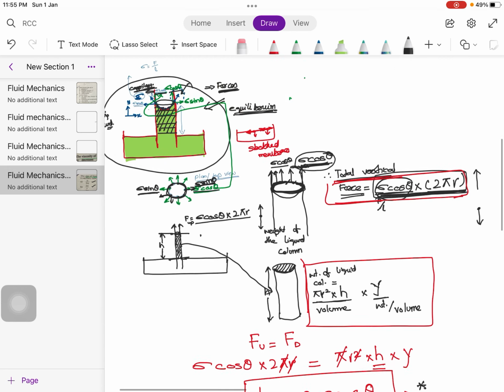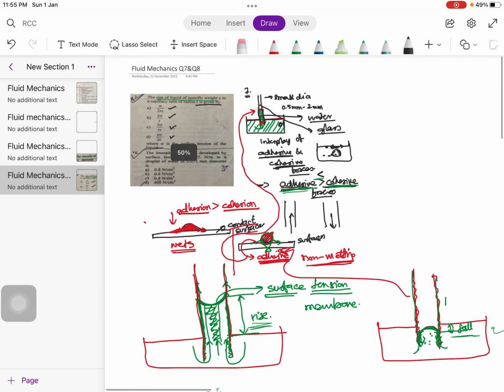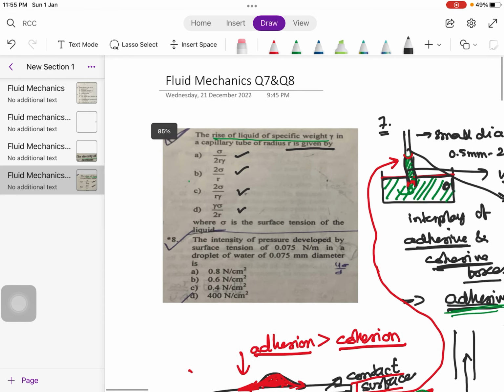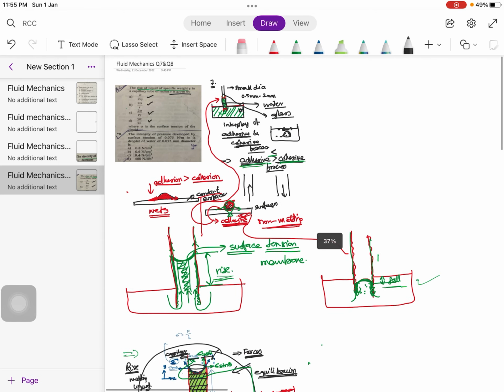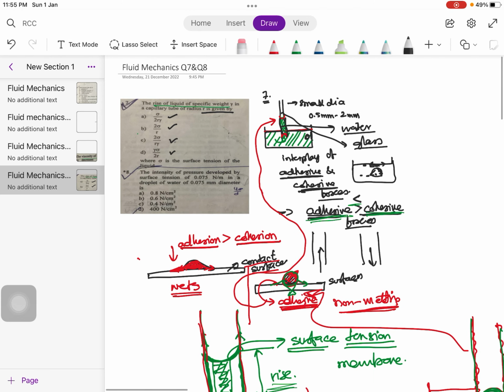Now let us take a look at the options given in this question. There is sigma upon 2r gamma, sigma upon r, 2 sigma upon gamma r, and gamma sigma upon 2r.